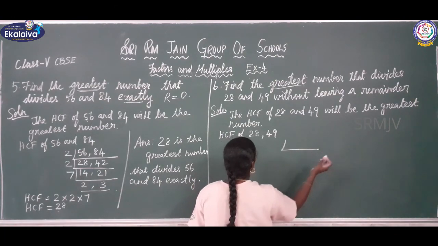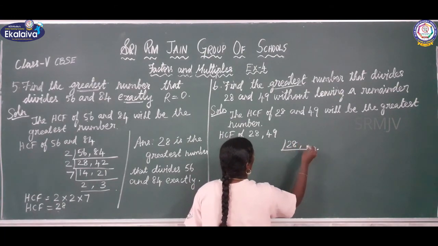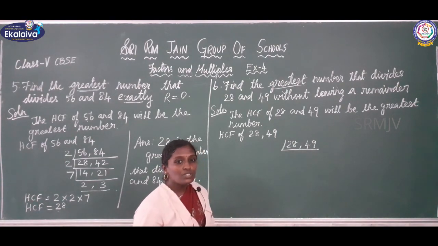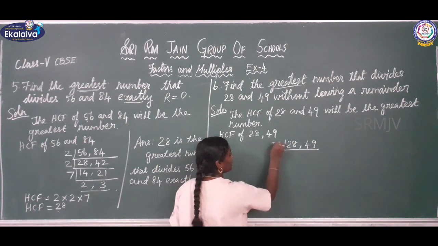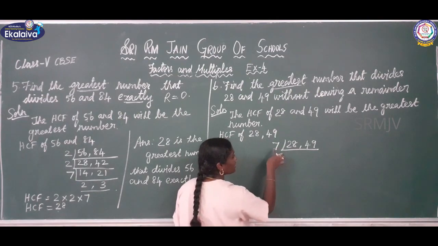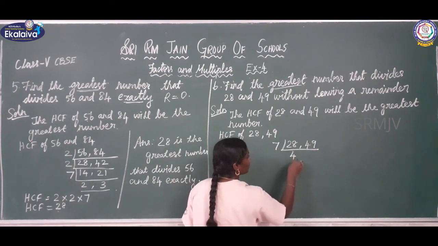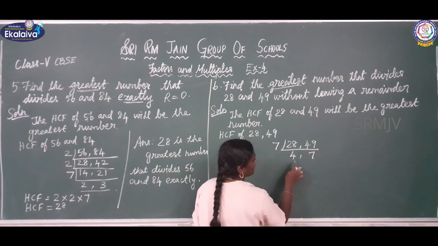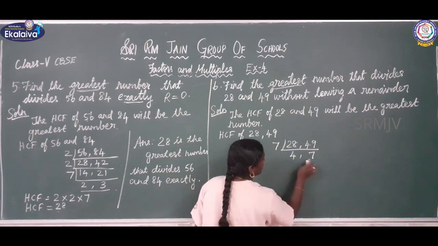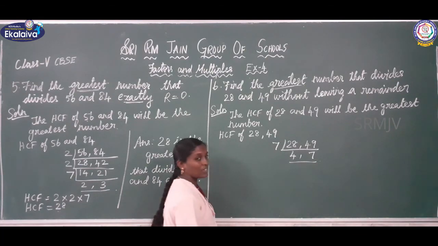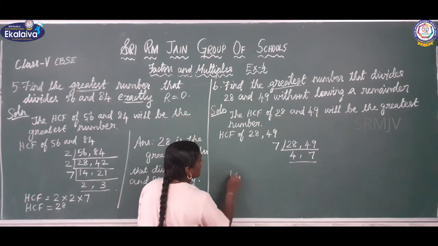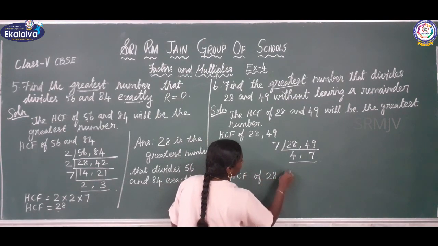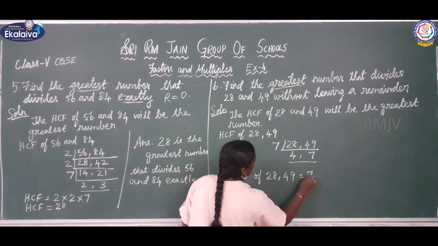By L division, we are going to find out 28 and 49. Both the numbers are divisible by 7. Okay. So, 28 divided by 7, that is 4. And 49 divided by 7, that is 7. Here for 4 and 7, there is no common factor. 7 is a prime number. So, HCF of 28 and 49 is 7.